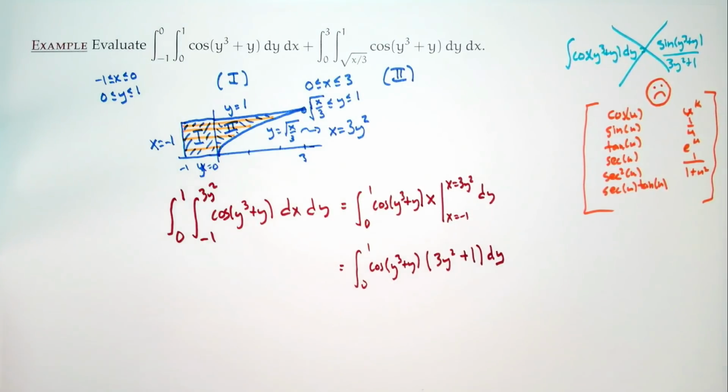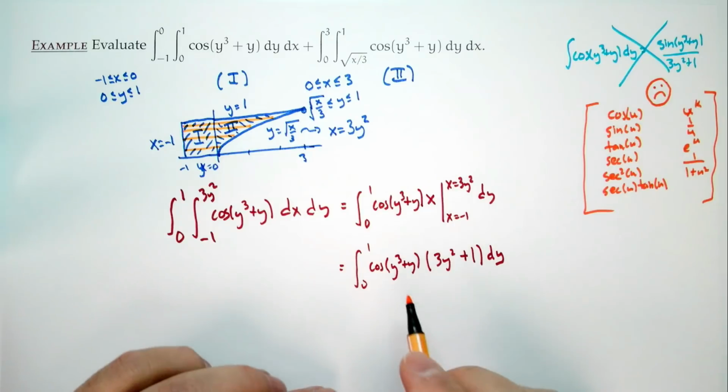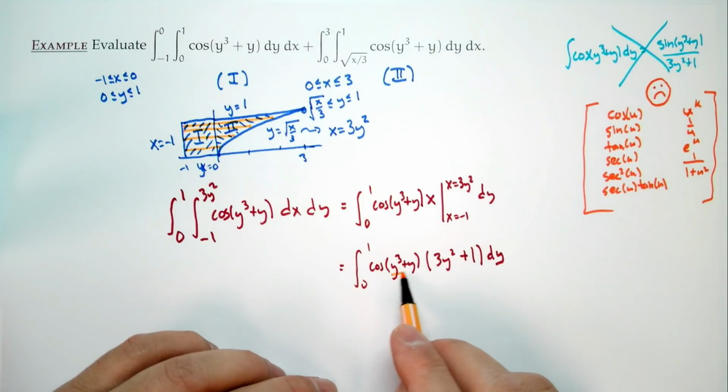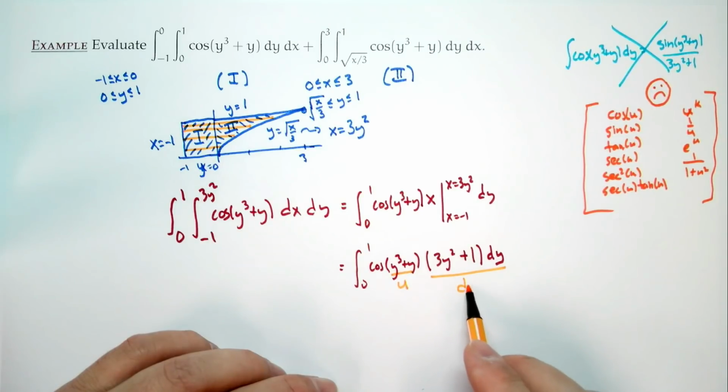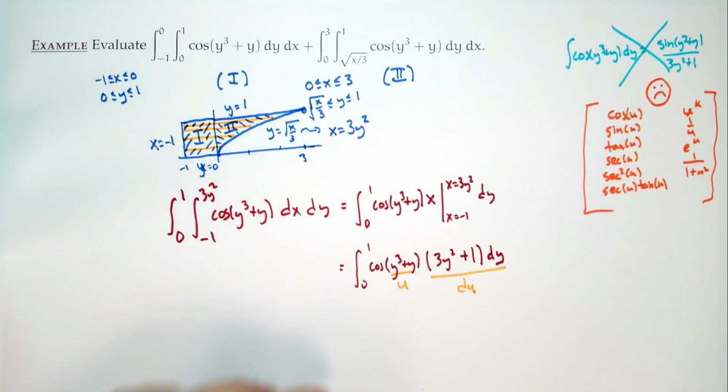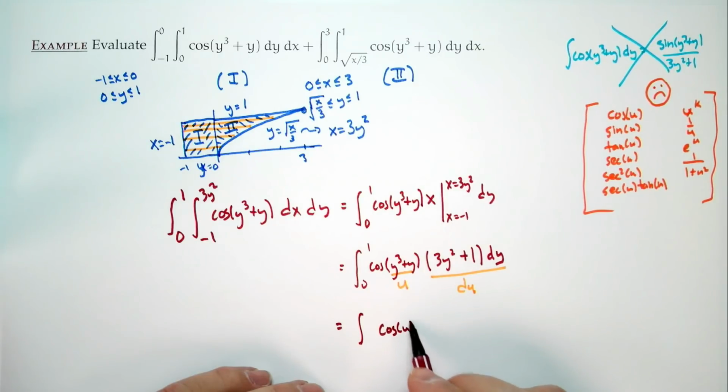Look, what do we have? Y cubed plus y. We couldn't integrate that before, but now we introduced a new piece. If we set that to be u, then this becomes du, which means very integrable. So this is going to become the integral of cosine of u du.